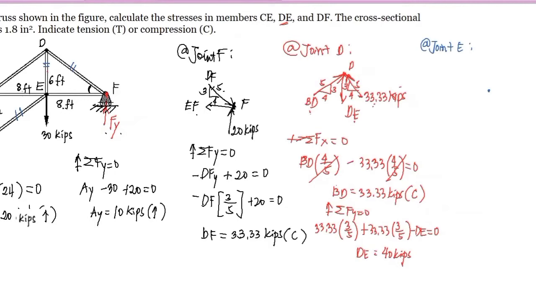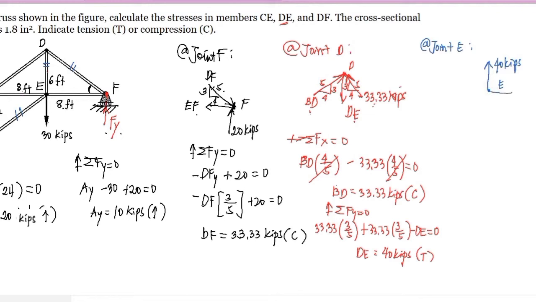Now, lilipat tayo sa joint E. Okay, kung titingnan natin dito, yung DE natin is positive. So, tama yung assumption that DE is tension. So, if DE is tension, meaning here, DE is away from point E. And that's 40 kips. Now, for EF, i-assume natin yung EF na tension din.